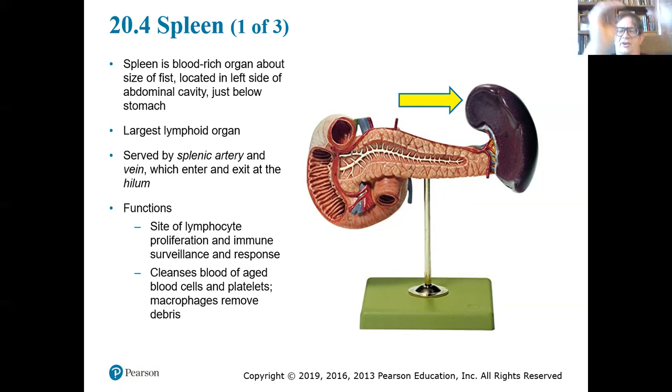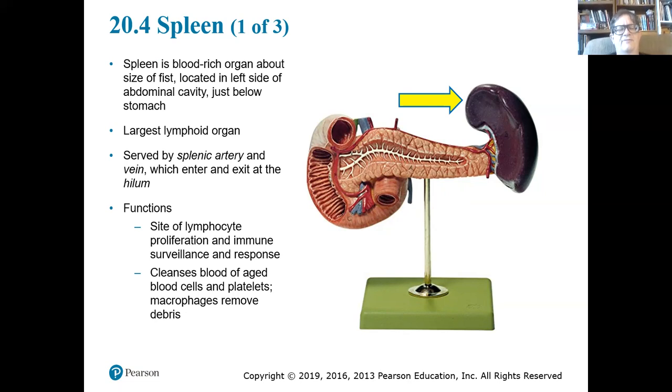Again, it's kidney-ish, has a convex surface and then a concave surface, and in the middle of the concave surface we call the hilum. That's what they're talking about. That's where the blood vessels come in and go. What's happening here, you have two functions.